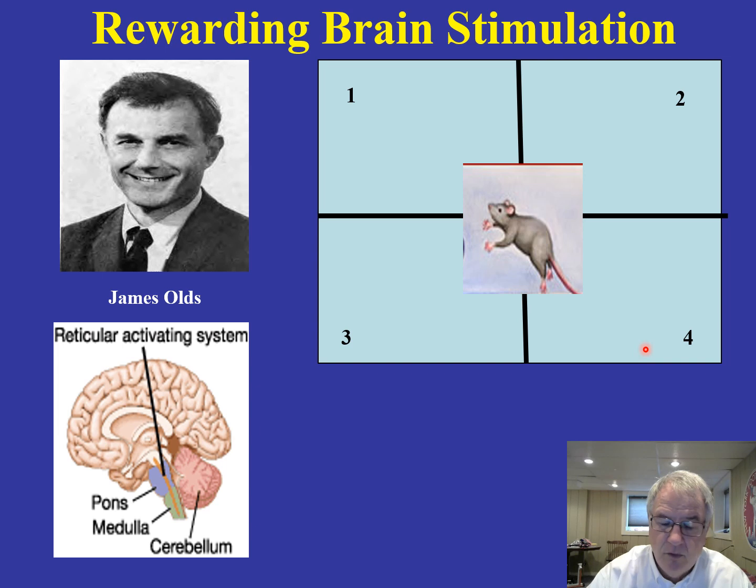Whenever, for example, with the first rat, the rat went into this corner of the third quadrant right here, they would provide a little bit of stimulation to the reticular activating system. And then they would allow the animal to continue to explore, and they examined how much time it would spend in each one of these quadrants.